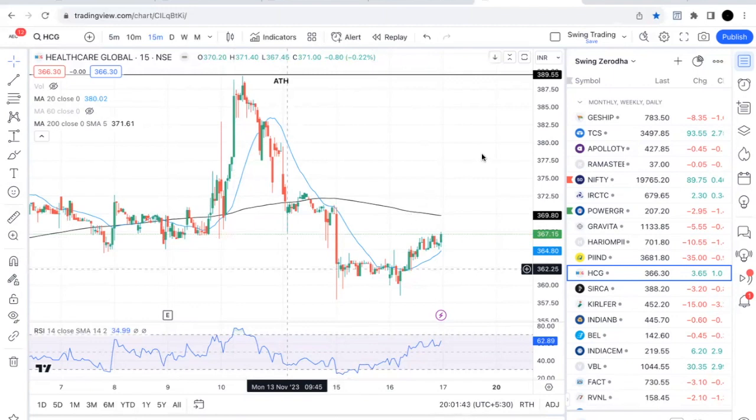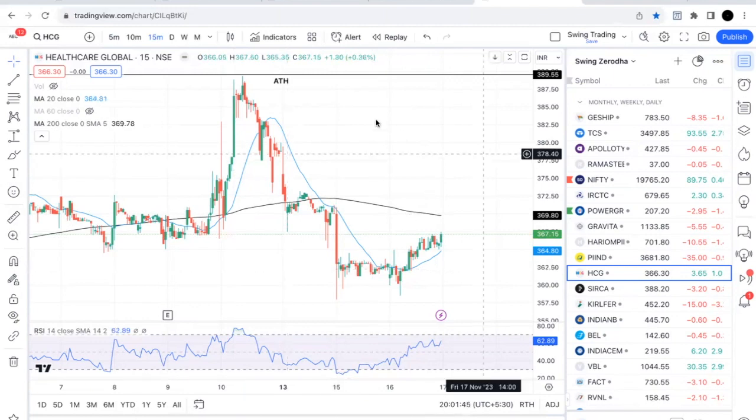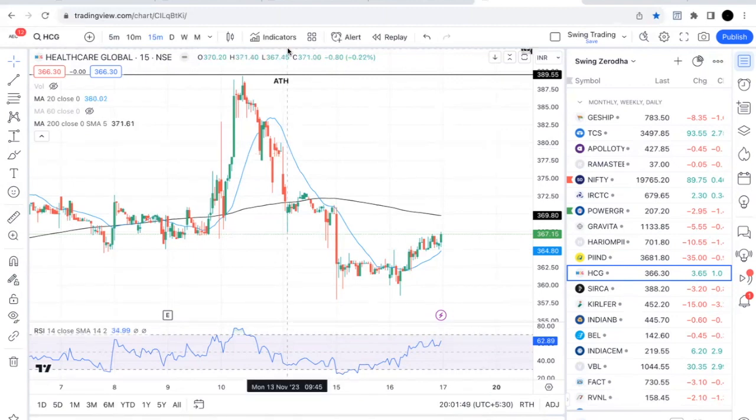Somebody asked about the RSI. Yes, RSI is available in the Zerodha app, and you can use it there as well. Now, the one negative feature is that TradingView no longer allows you to have 3 or 4 indicators together on the free account.